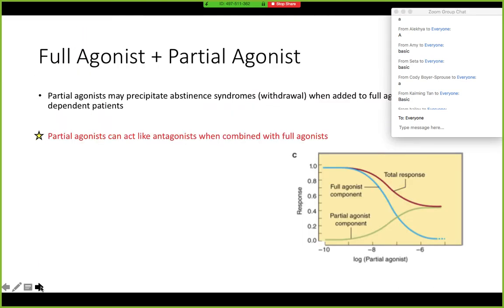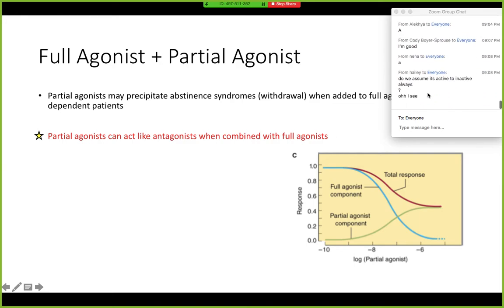And then, okay, the last thing for this lecture, know this little fact right here: partial agonists can act like antagonists when combined with full agonists. I think without a good example, this probably doesn't make a lot of sense, but this does come up a ton next year.